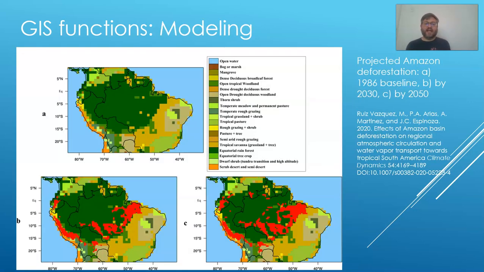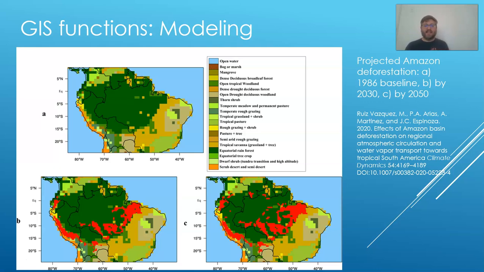We can also use GIS to do modeling. We're going to be talking a bunch about modeling in the context of climate change, where we want to take what we know about how the Earth works and use it to project future climates. So here's an application of GIS on a slightly different problem. This is deforestation in the Amazon. So you've got three maps there. Map A is the baseline.